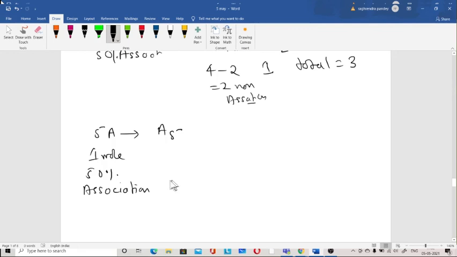So what are the total moles? Aparajita? Yes, sir.